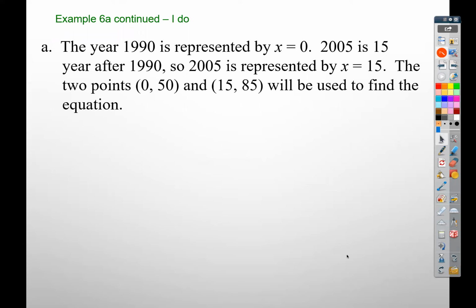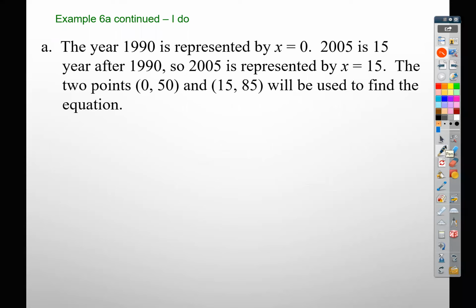Okay, if the year 1990 is represented by x equals 0, then 2005 is 15 years after 1990. So 2005 is represented by x equals 15. The 2 points, (0, 50) and (15, 85), will be used to find the equation.